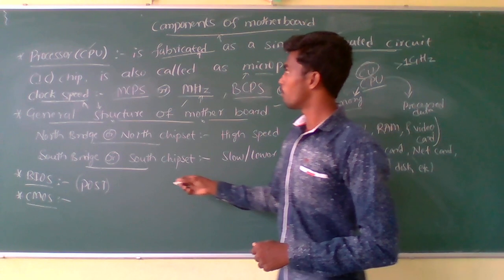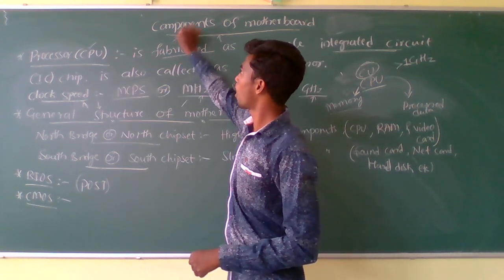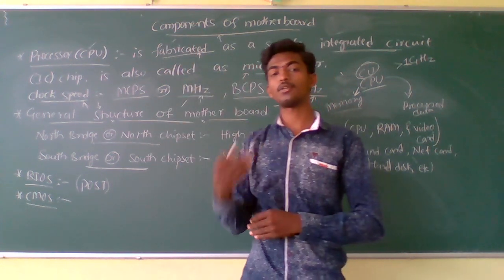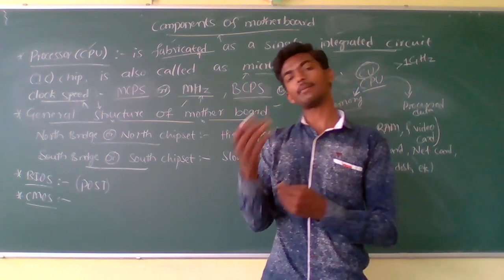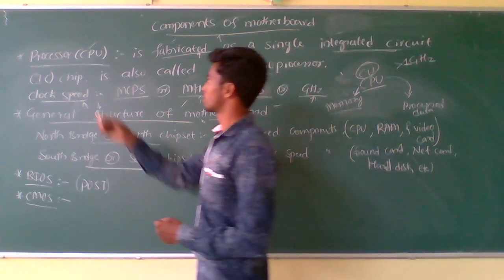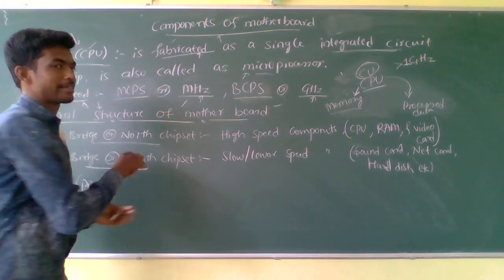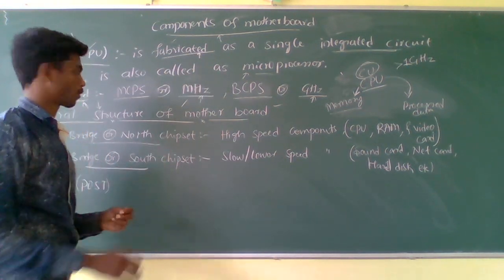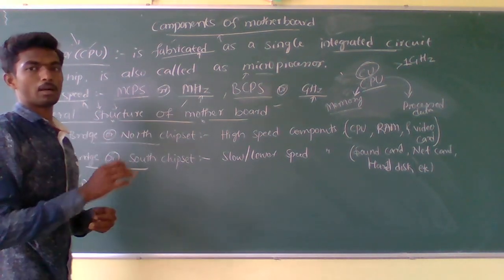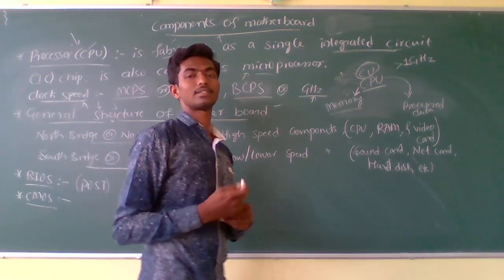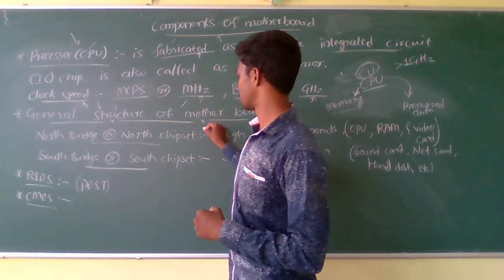You know how the data is transferred to the CPU, taken by the CPU and sent by the CPU. After that, the general structure of a motherboard. A motherboard mainly contains two types of chipsets.